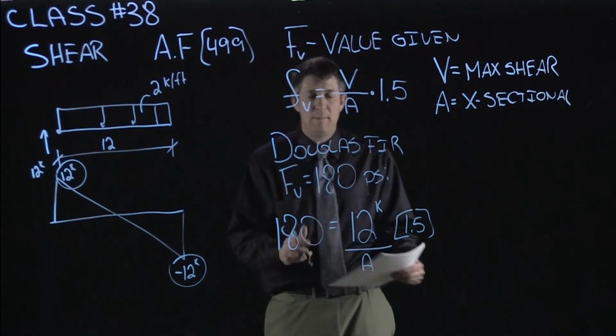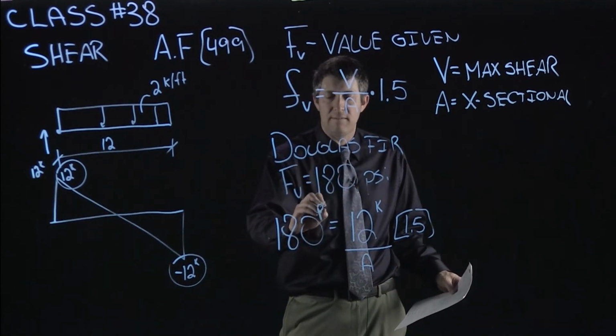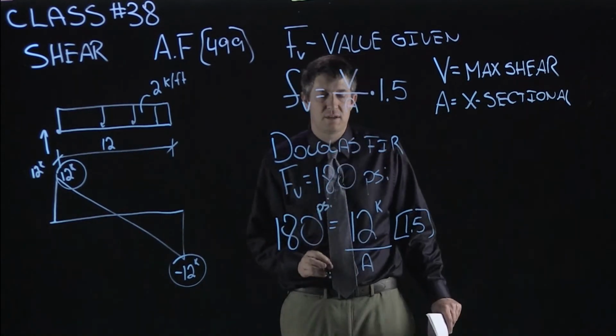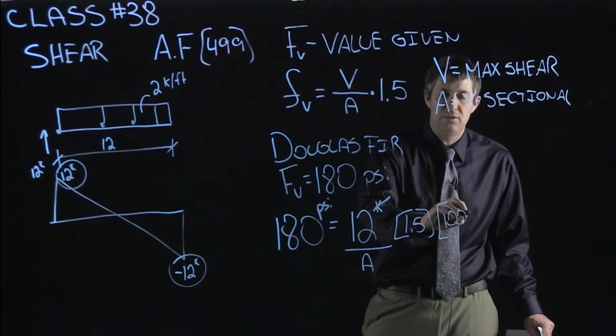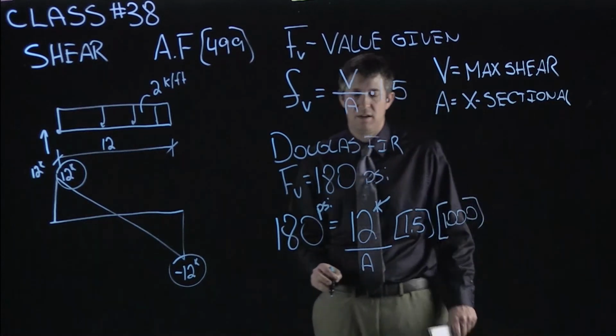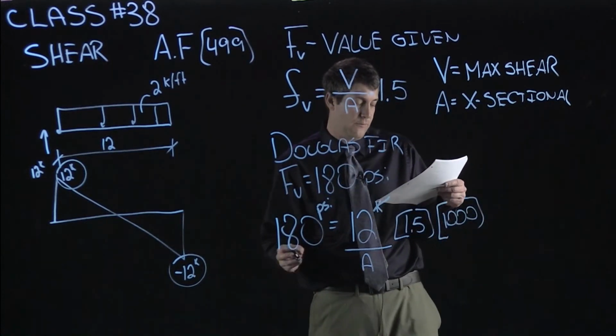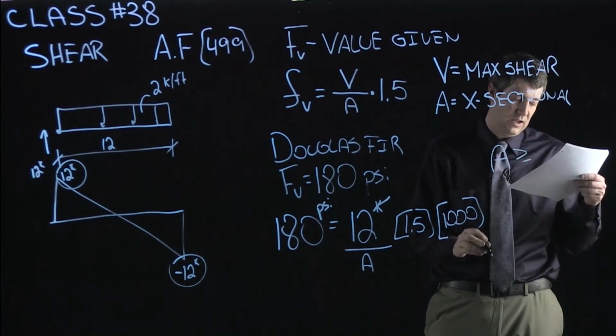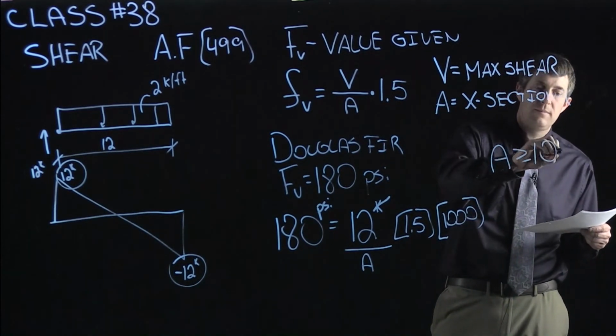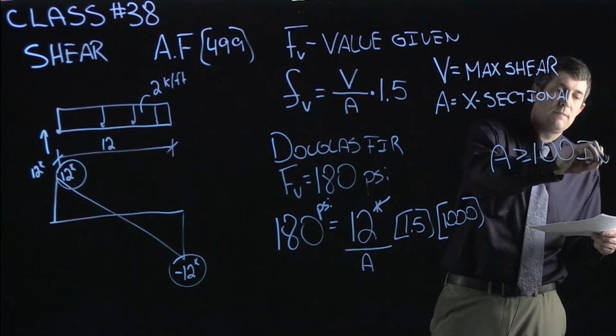Remember, this was in psi and this is in kips, so I need to multiply this by 1,000 so we're in pounds and not in kips anymore. So I back calculate for A, and A needs to be greater than or equal to 100 square inches.